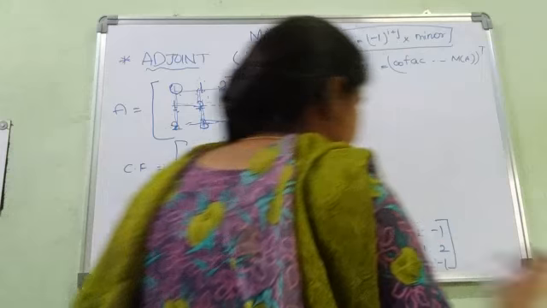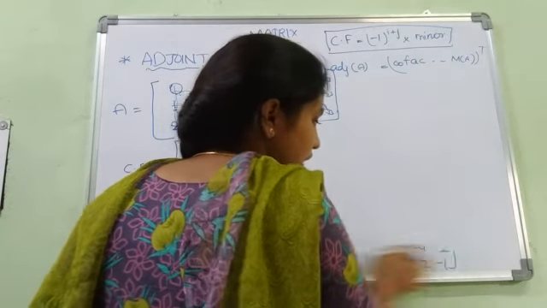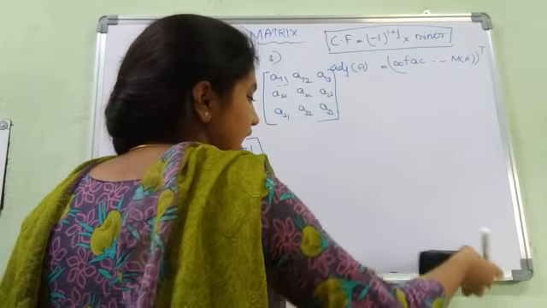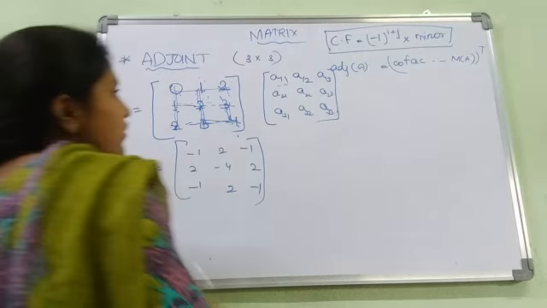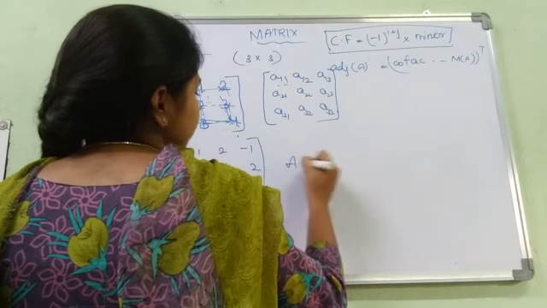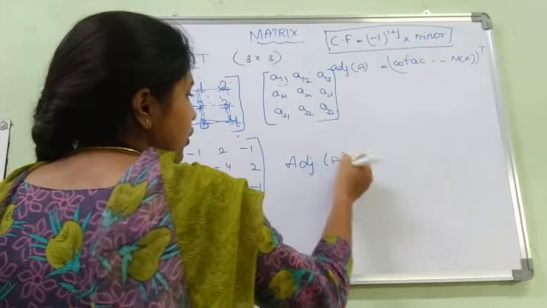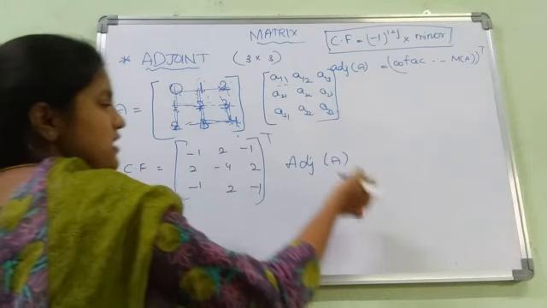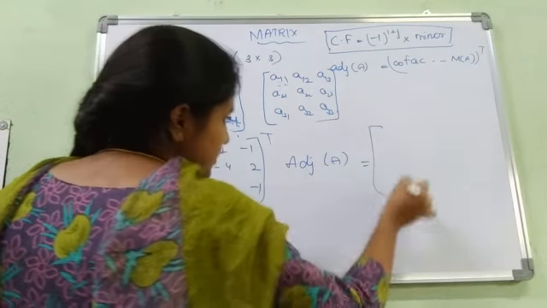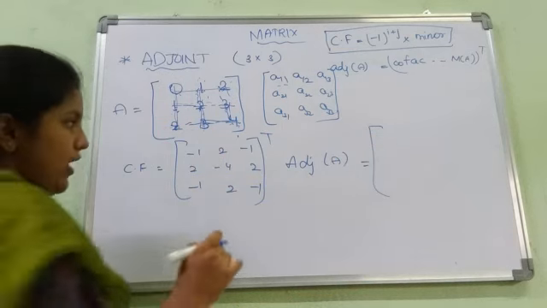Is it clear now? Now what are we finding here? The adjoint of a 3 by 3 matrix. So the adjoint of A will be the cofactor matrix transpose.